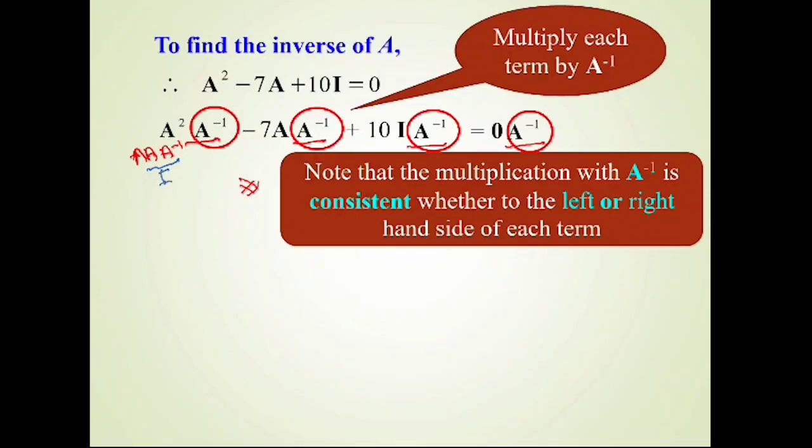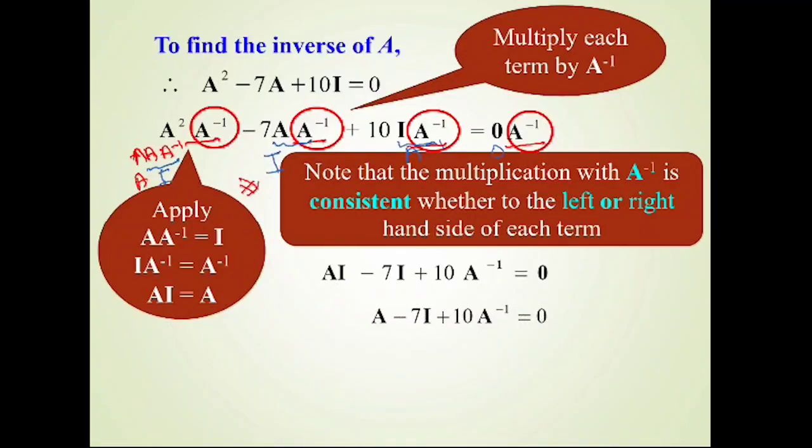So this will be A multiplied with I. And then here, A meets A inverse. So this will also be I. When I meets A inverse, we will not change the value of that matrix, so it will just be A inverse. And here, 0 matrix multiplied with any matrix will just be 0.